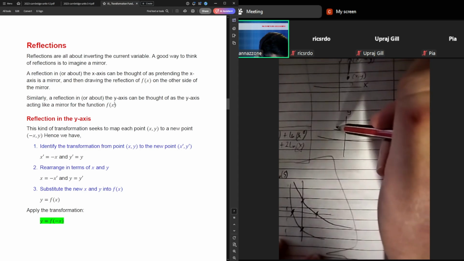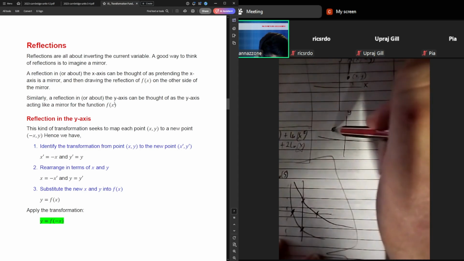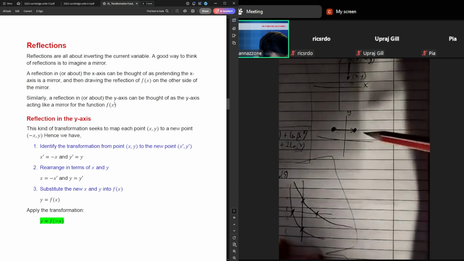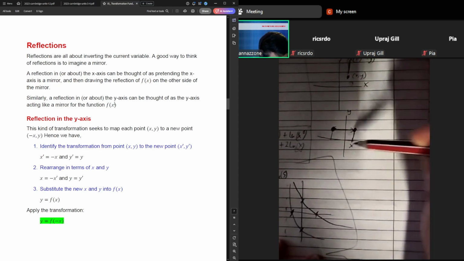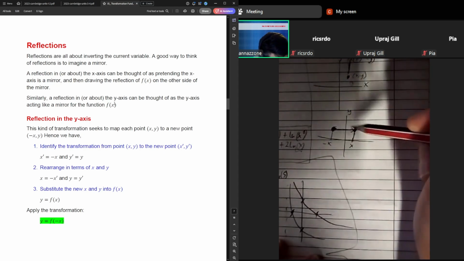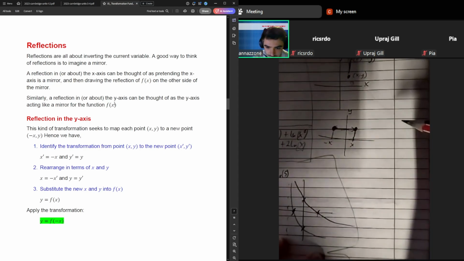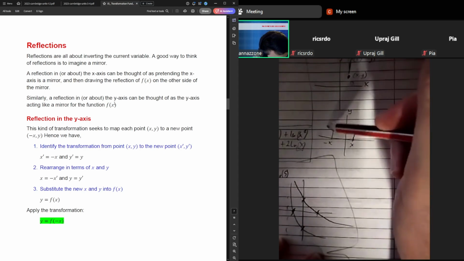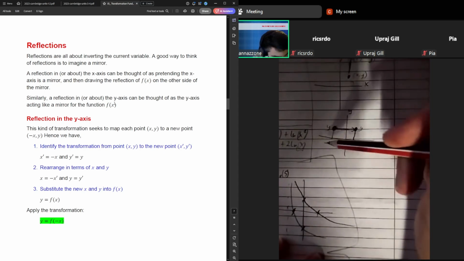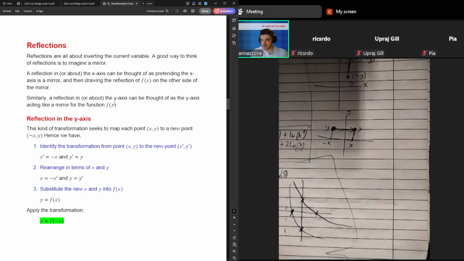I'm going to go to the other side of that mirror, equidistant either side. What you end up with is, this is a positive x, this is a negative x. The y values are consistent there. That's supposed to be perfectly horizontal. So the y values are unchanged, the x has become negative. That's why when you say a reflection in the y-axis, it's actually the x that gets the negative sign.